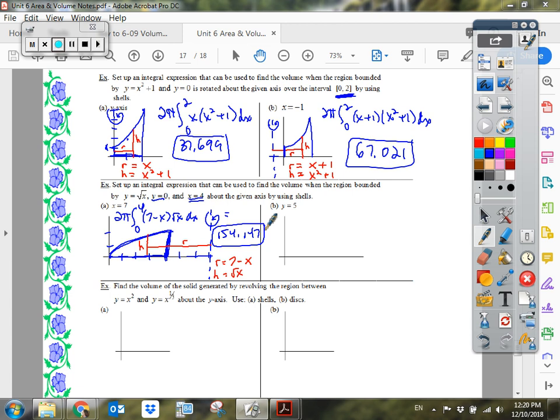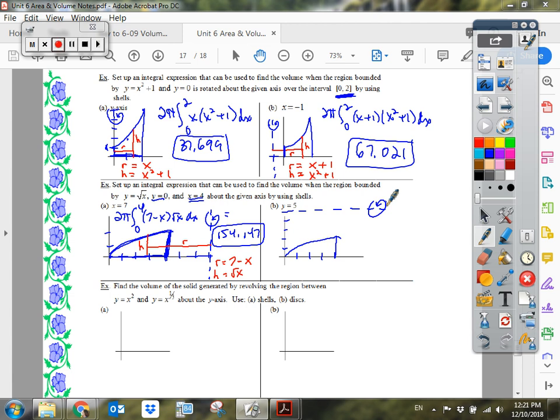So we're using the same figure, and now we're going to rotate about the line y equals 5. Okay, that's going to be a little different. We still have that figure. The line y equals 5 is up here. That is a horizontal axis of rotation.